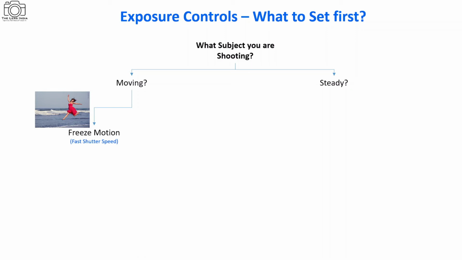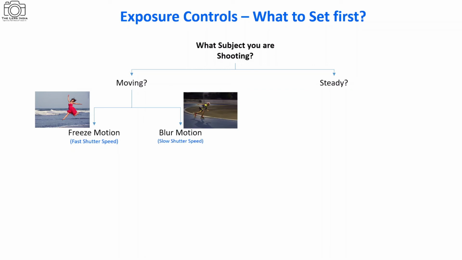Now, if the subject is moving, we have two options: whether we want to freeze the motion, okay. You can see the sample photograph shown here, the lady is jumping and we have frozen the motion. Another situation is whether we have to blur the motion.